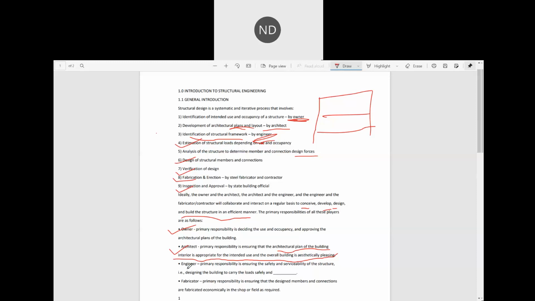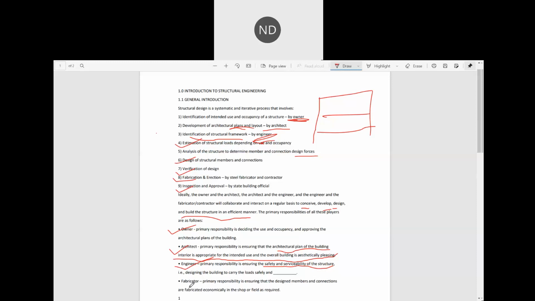Then we have the engineer. The engineer's primary responsibility is what? To ensure the safety and serviceability of the structure. Since the engineers are going to design according to the Indian standard codes, the responsibility of the engineer is to ensure the safety and serviceability of the structure with the design.